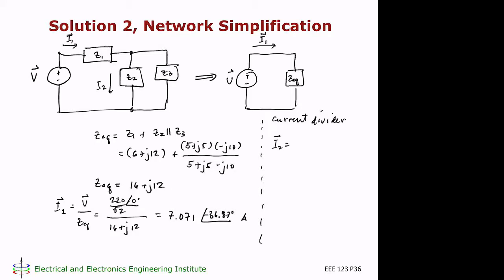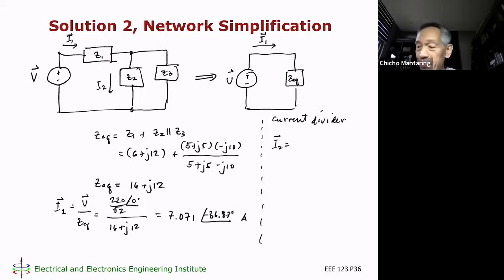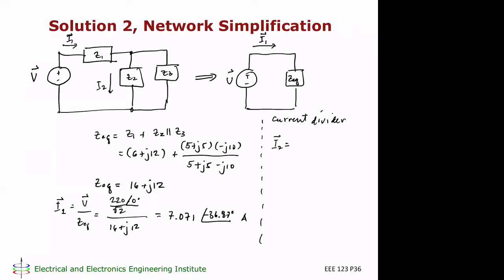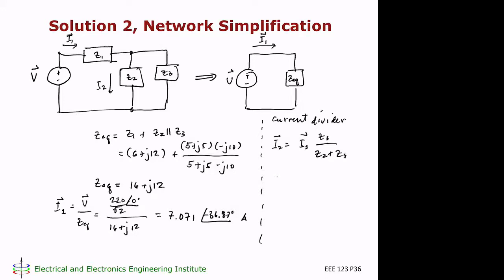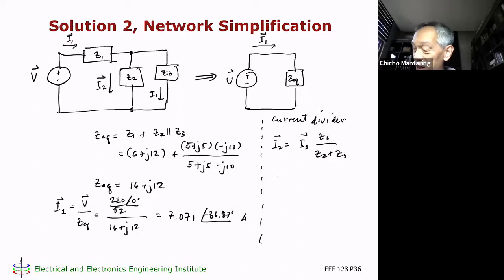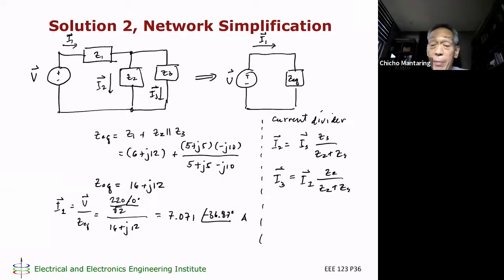Wait lang po, sir. No problem. Ito, sir, I2 po is equal to I1 times Z3 over Z2 plus Z3. Tama, no? Z3 over Z2 plus Z3. And then also finally, I3, by the way, these are phasors. I3 is equal to I1 multiplied by Z2 over Z2 plus Z3. So dapat yung makuha yung sagot would be the same. So that's network simplification.